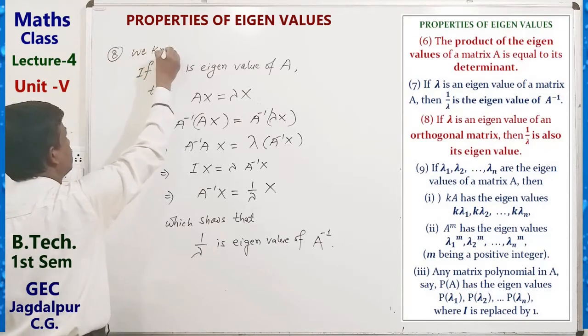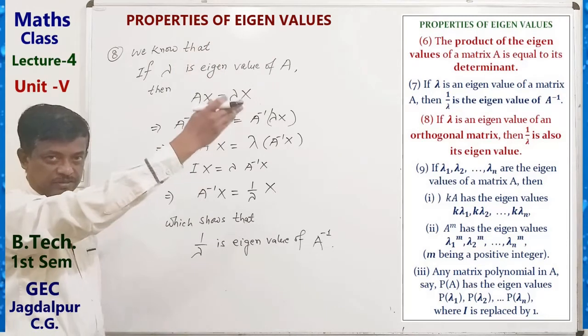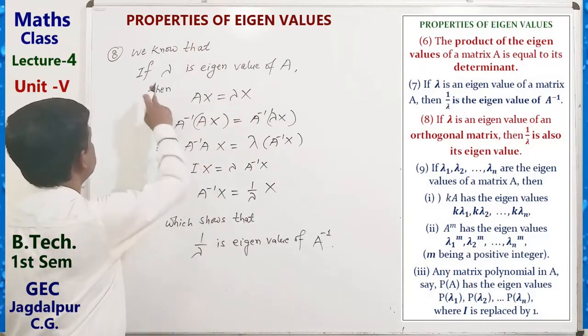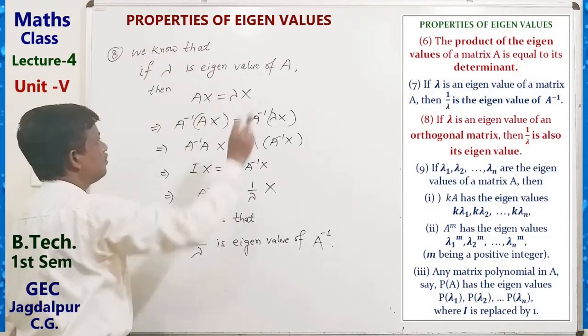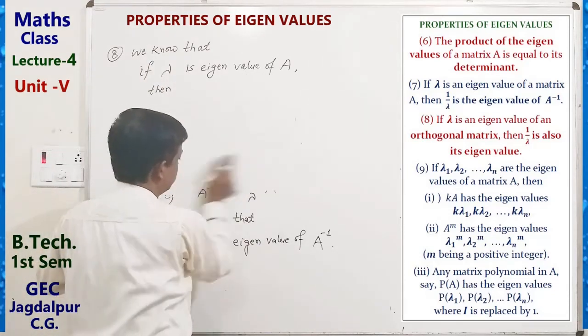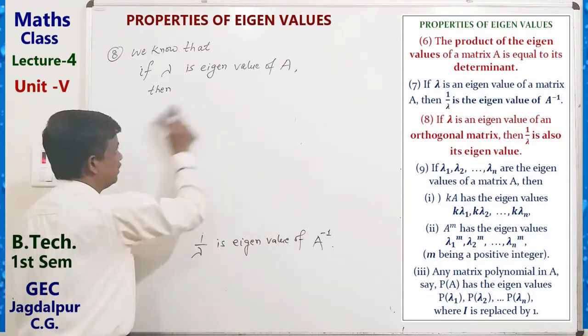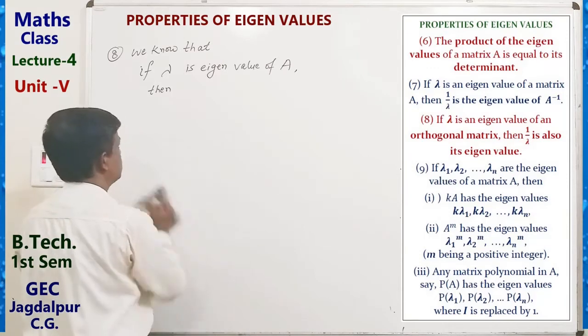Now property 8. We know that if lambda is an eigenvalue of A, then 1 by lambda is an eigenvalue of A inverse.